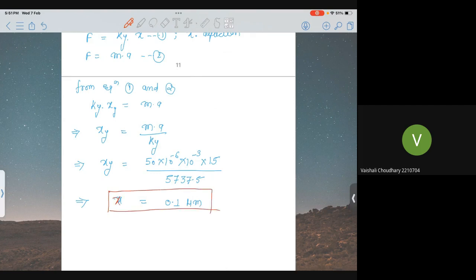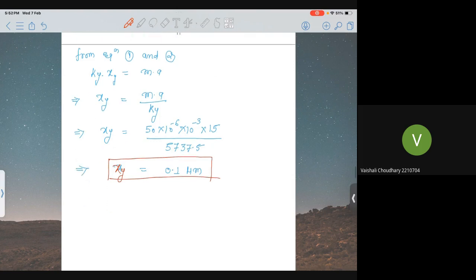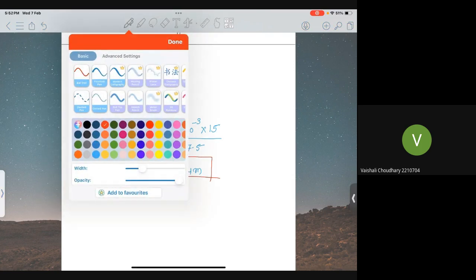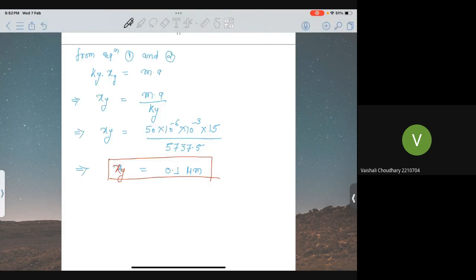In y direction. Similarly, we'll calculate deflection in z direction, where the acceleration in z direction is 10 meter per second square.